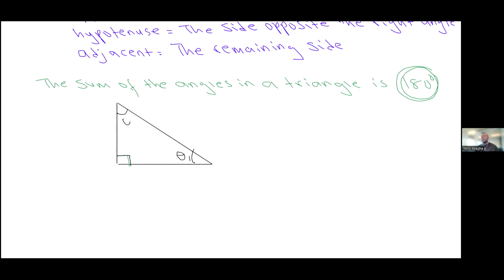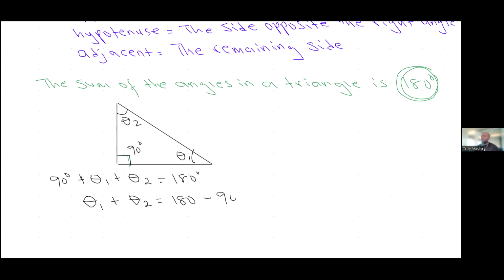So from this, since the sum of the angles is 180, and we know a right angle is 90 degrees, everything added up should give you 180 degrees. So 90 degrees plus theta 1 plus theta 2 must be equal to what? 180 degrees. I'll take 90 degrees to the other side. So theta 1 plus theta 2 will be equal to 180 minus what? 90 degrees.